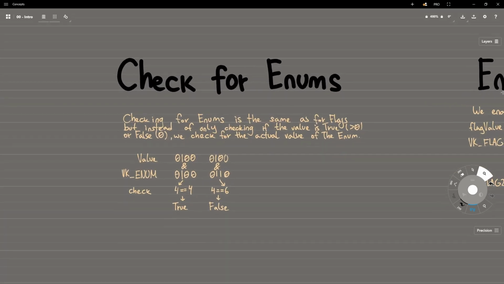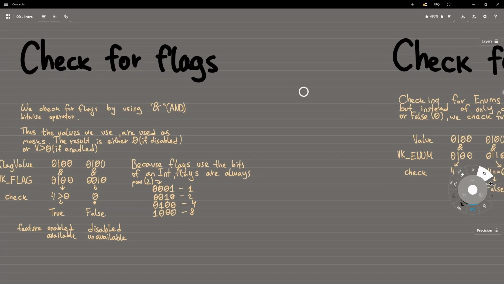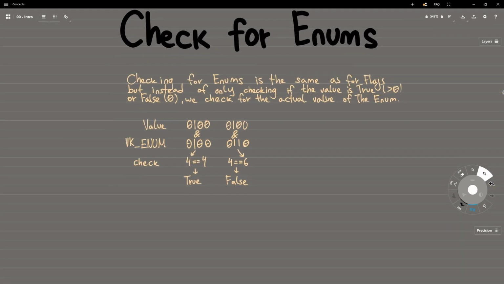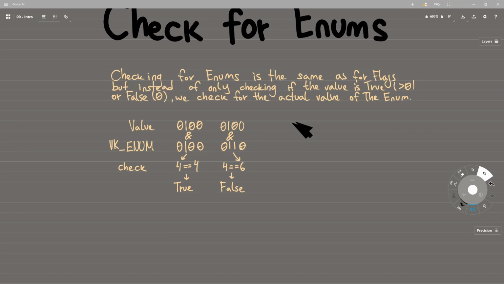Next is checking for enums, and basically both the flags and the enums are enums, if that makes some sense. An enum is a type of variable declared in C, like enum some name and curly brackets, and we declare A, B, C, D. One way to look at it is as an alias for integers, like 1, 2, 3, 4.